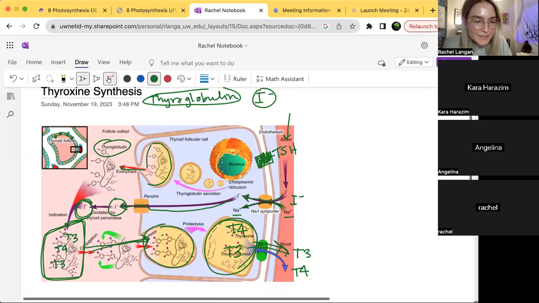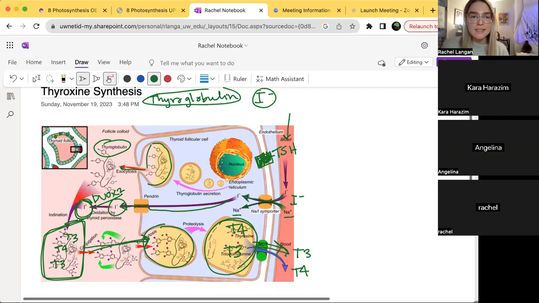DuOX2 is the enzyme that seems to be involved, at least in pandas, in converting iodide into iodine, or oxidizing iodide, making it uncharged. Okay, so for some reason I thought that was the channel that brings iodide into the lumen, but it's not, it's the Pendrin. Yeah. Okay, all right, makes sense. Okay, thank you. You're welcome.